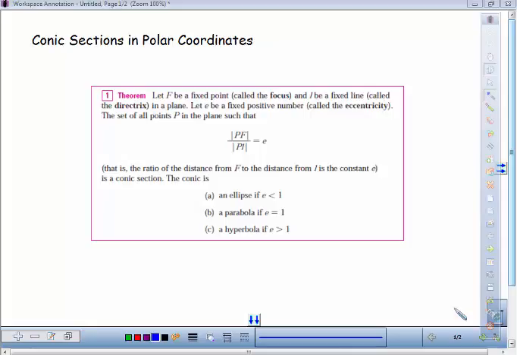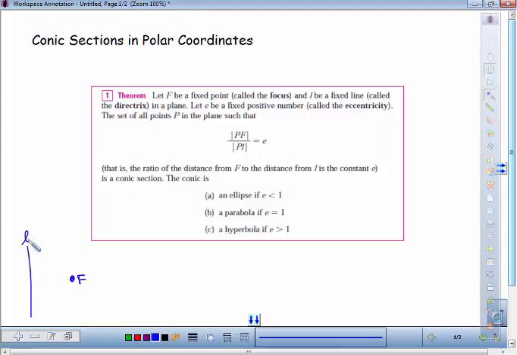We've dealt with focus points before. And then L is a fixed line called the directrix. We've dealt with that also. And E is some fixed positive number called the eccentricity.